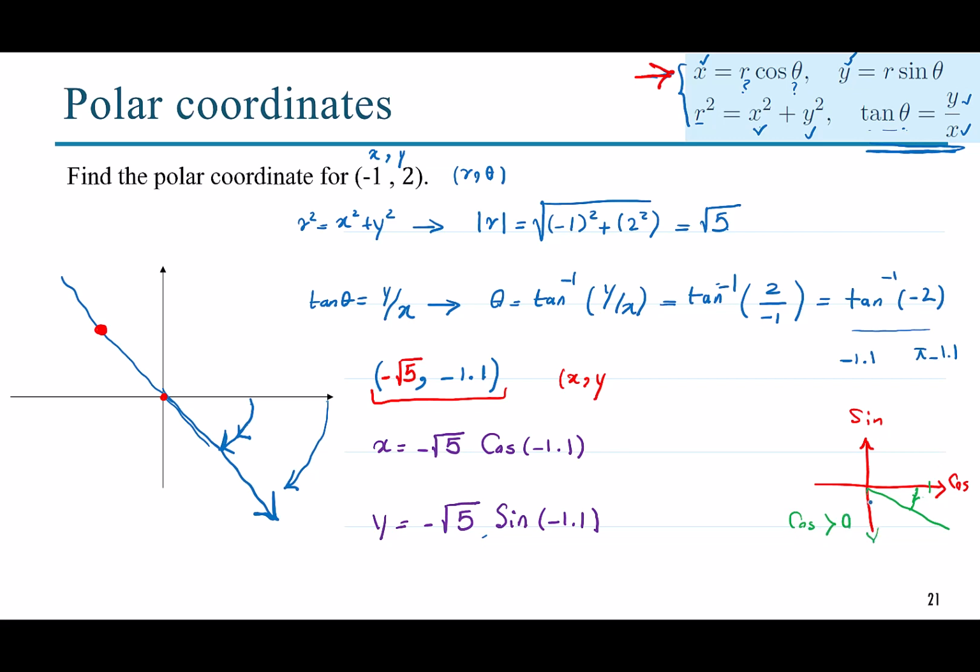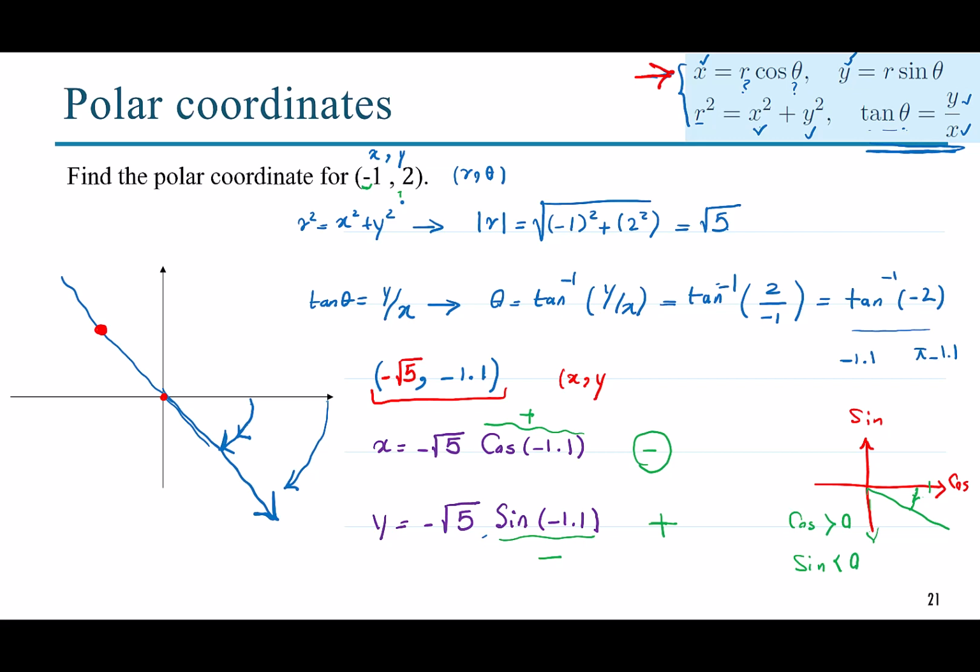And sine is here, so it's negative. So this is positive multiplied by a negative, which gives something negative, and sine is negative multiplied by another negative gives me a positive, and that is the same thing we have here, negative and positive, so my signs are correct. And that's an example of how to find polar coordinates from Cartesian coordinates.